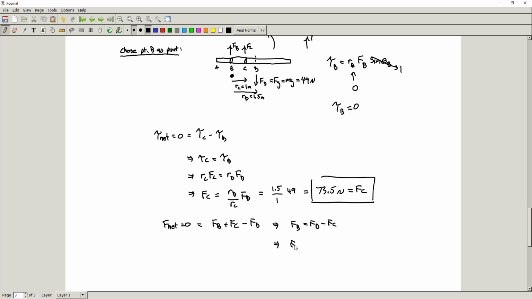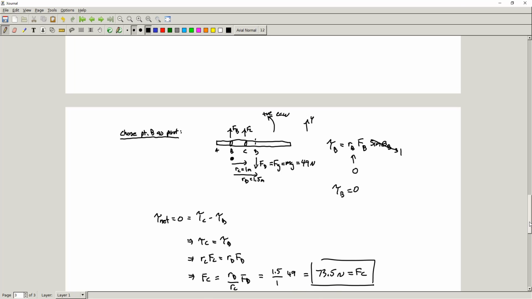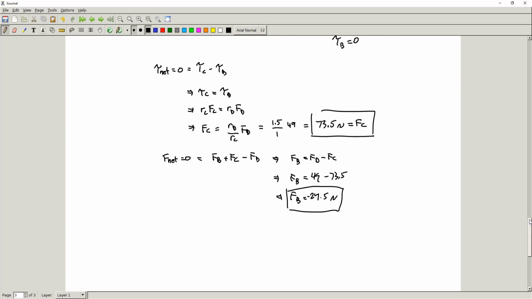And we already talked about what these are, so we know FD is 49, and we know FC is 73.5. If we solve for that again, we find an FB equal to minus 24.5 newtons. And again, why does it come in with this minus sign? Well, it comes in with a minus sign because we've assumed that FB is pointing upward here when actually it's pointing downward, right? And that's what the minus sign is telling us again.